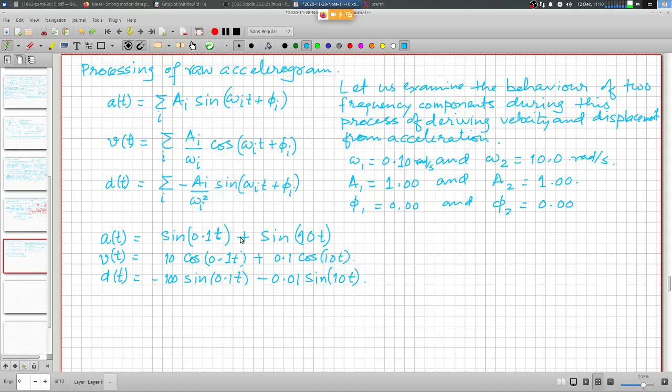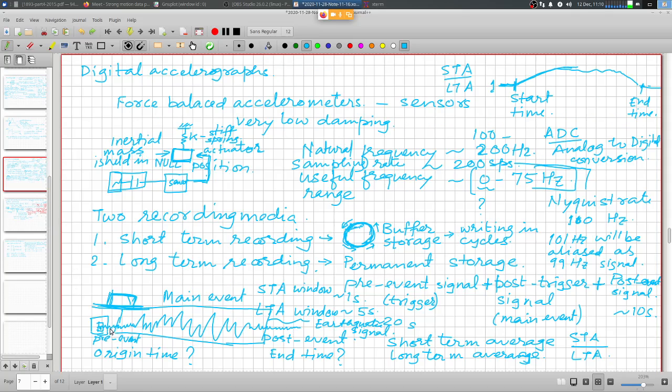Now that's the problem. If you look at it from what we were discussing earlier, if I try to do some kind of baseline adjustment on this trace, there is no baseline here. I don't have a zero line here. So if I try to do a baseline correction, the acceleration trace may not be influenced significantly.